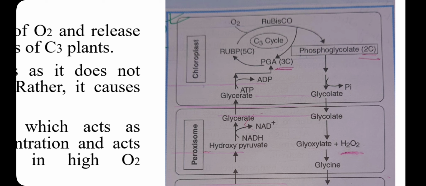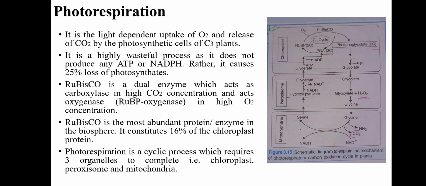Hydroxypyruvate again forms glycerate. Glycerate moves back to the chloroplast, where it forms phosphoglyceric acid, and this phosphoglyceric acid moves to the Calvin cycle, and the normal Calvin cycle will be performed. So it is a highly wasteful process.